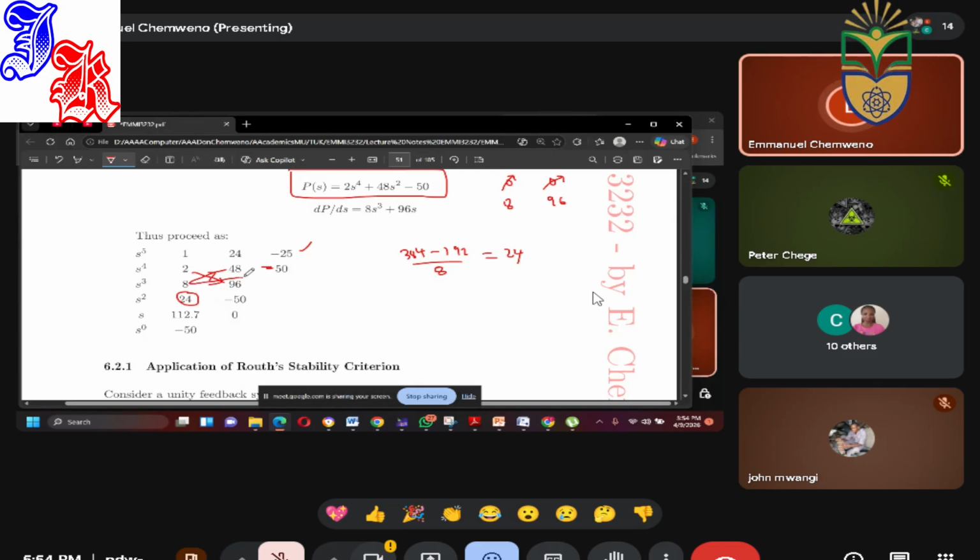Next is 8 times negative 50. 8 times negative 50, minus 400 minus 0 over 8, which is minus 50.